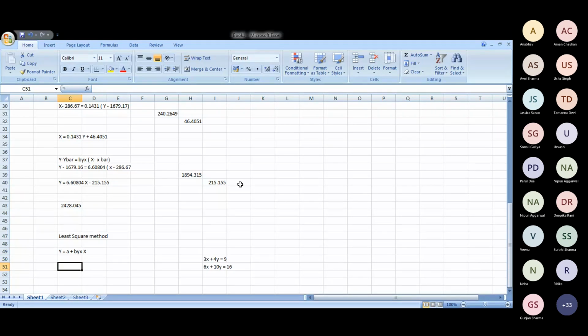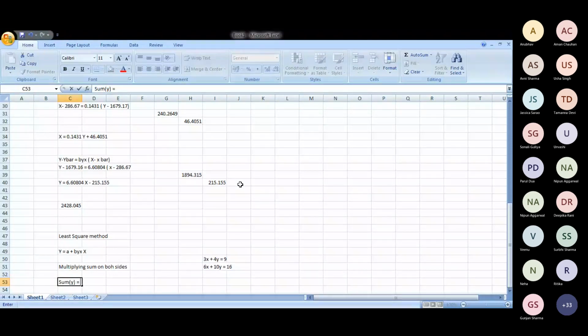So the first equation will be found by multiplying summation on both sides. Clear? So the first equation becomes summation y, sigma y, is equal to summation a.